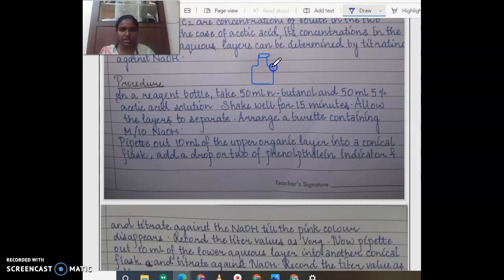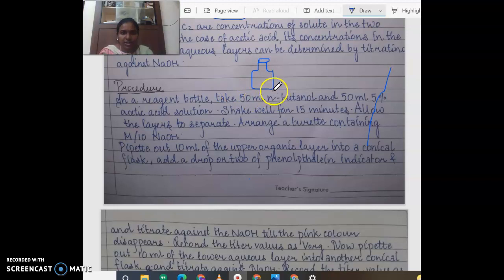In a reagent bottle, first we take 50 ml of N-butanol and 50 ml of 5% acetic acid solution, meaning acetic acid dissolved in water. We mix well, shaking for 15 minutes, then allow the two layers to separate.